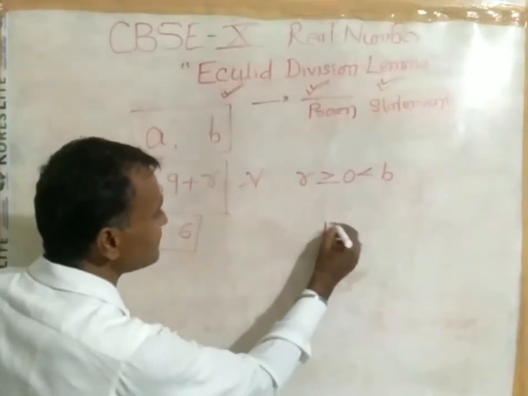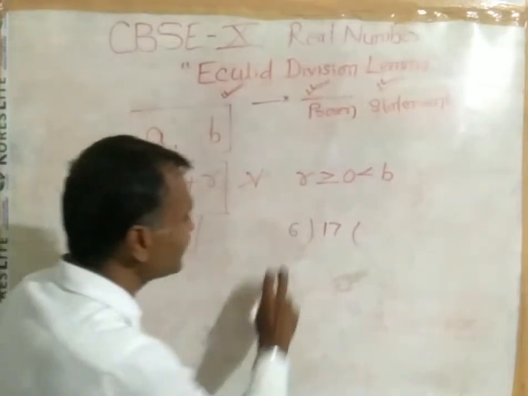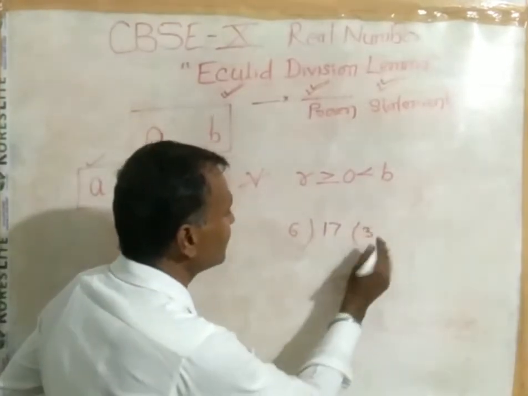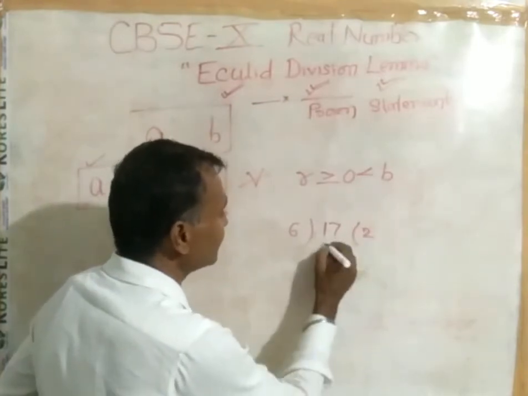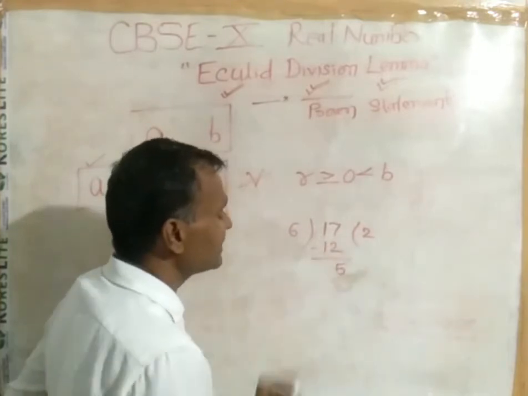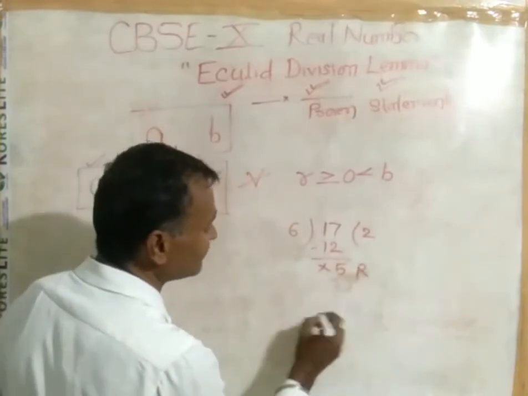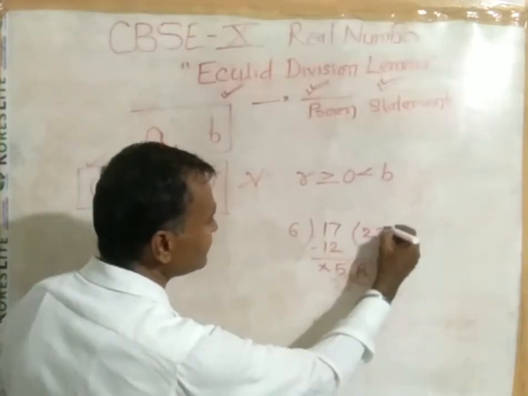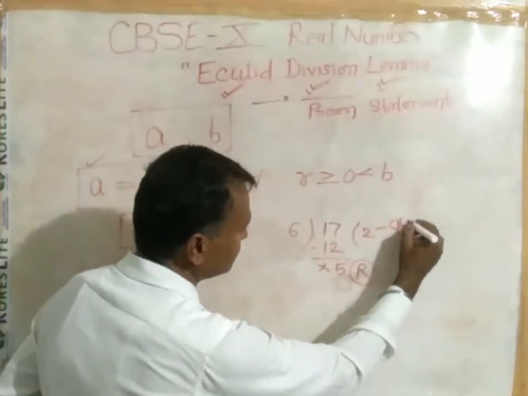We divide 17 by 6. What do we get? 6 3s are 18, 6 2s are 12, 2 times. What do we have as a remainder? We have 5 as a remainder. Okay, it is called the remainder, and this one is the quotient.